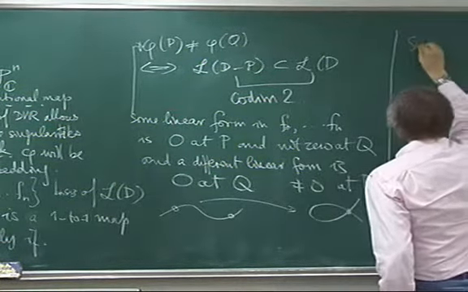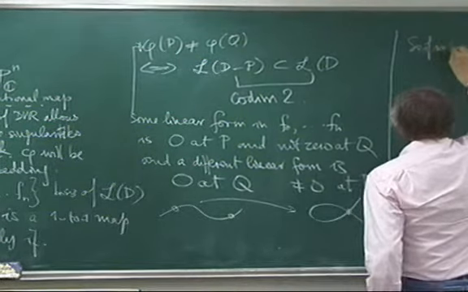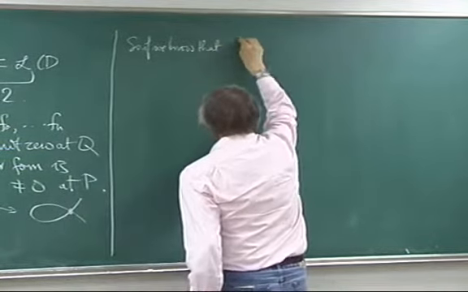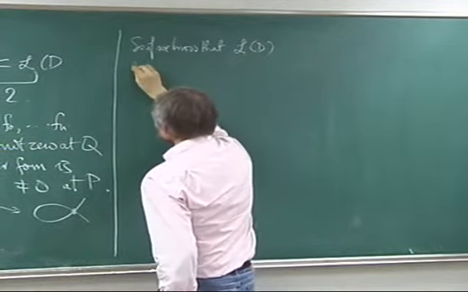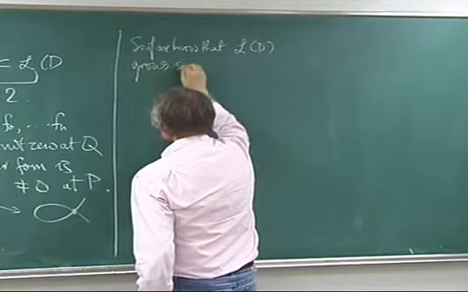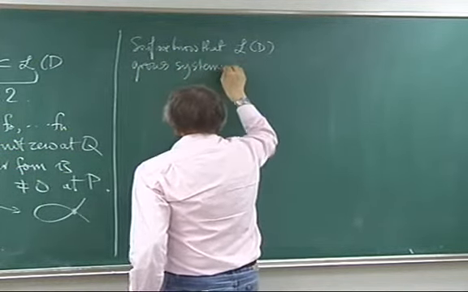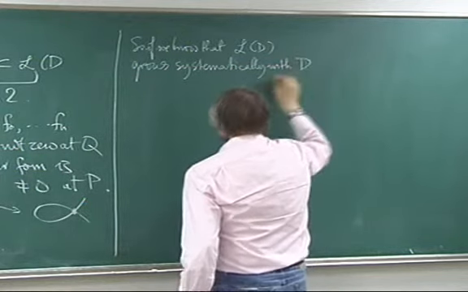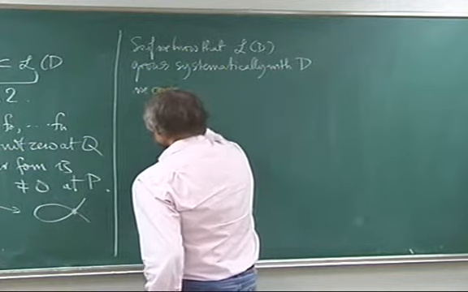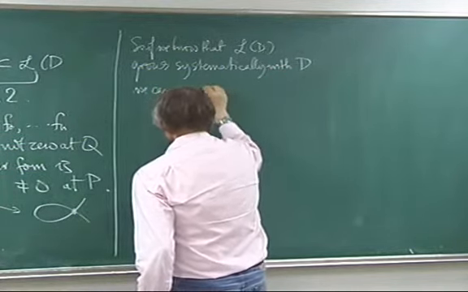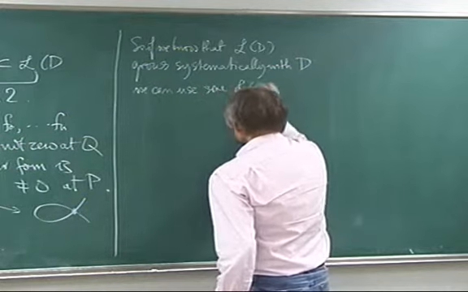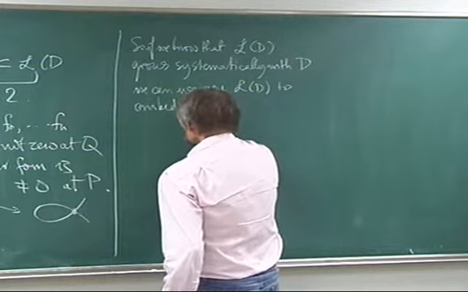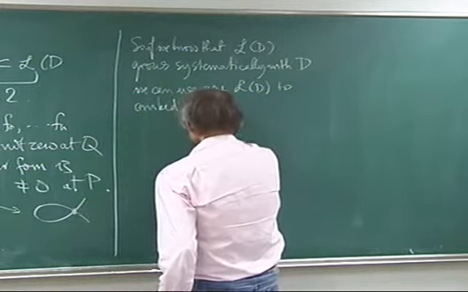So if we know that L(D) grows systematically with D, we can embed. We can use some L(D) to embed sigma in Pn.